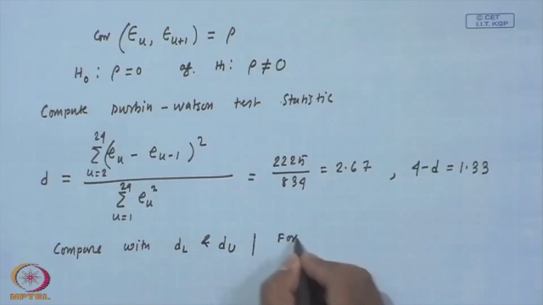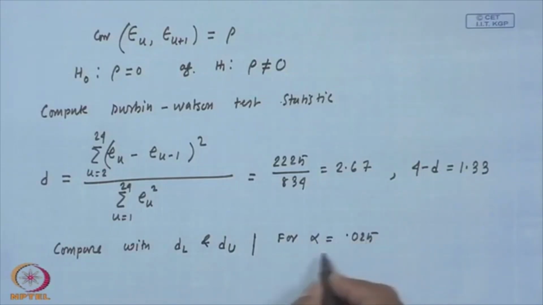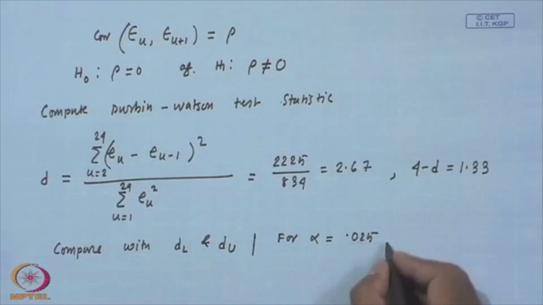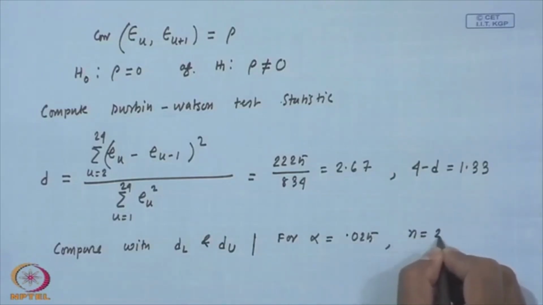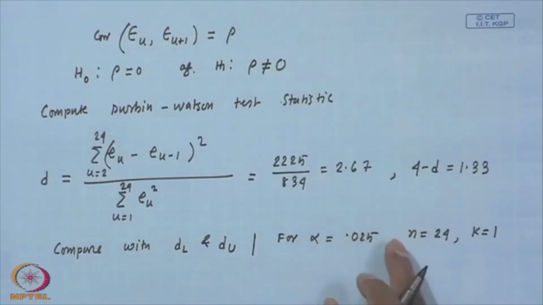So, for alpha equal to 0.025, because it is a two-sided test, that is why I am taking alpha equal to 0.025, n equal to 24 and k equal to 1, because it is a straight line fit.